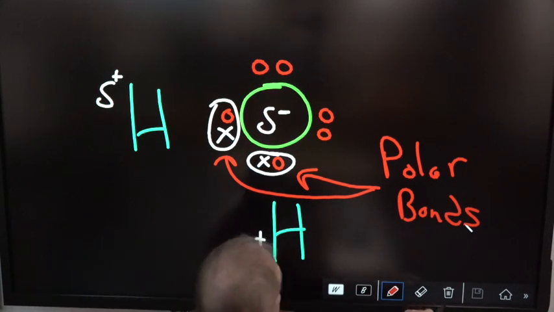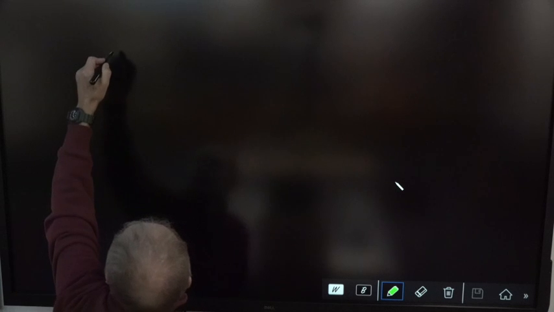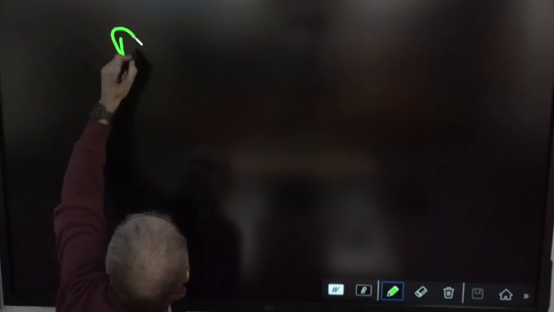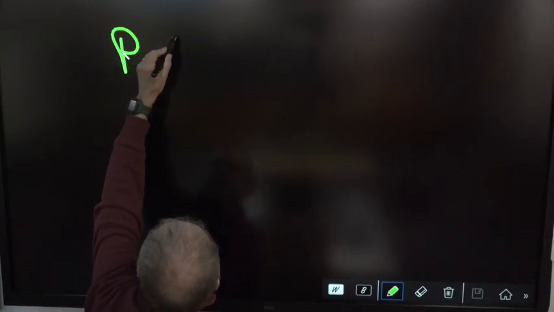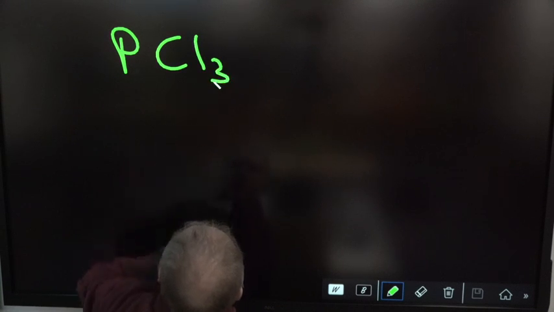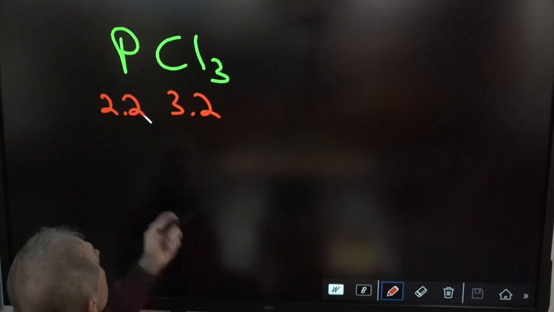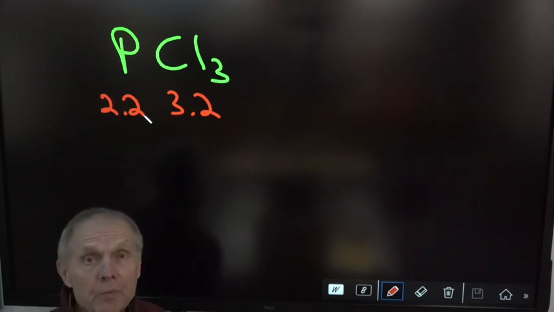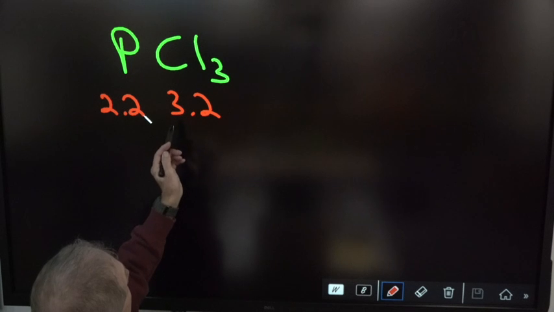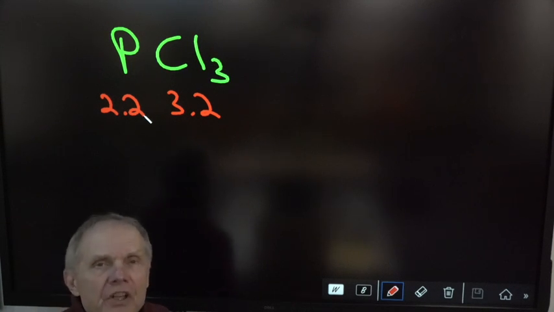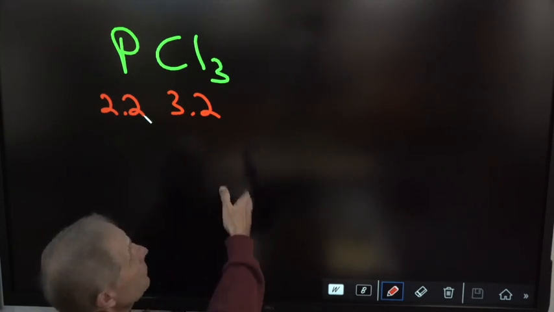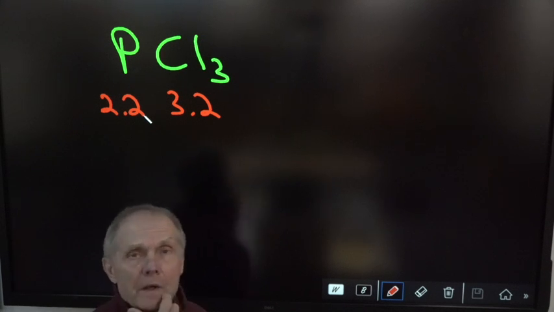Let's do another one. We are going to do PCl3. So P has an electronegativity of 2.2, Cl has an electronegativity of 3.2. It's going to share unequally because the stronger electronegative element is going to pull harder.